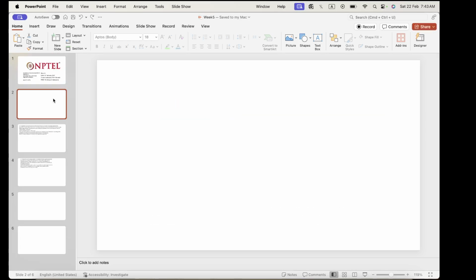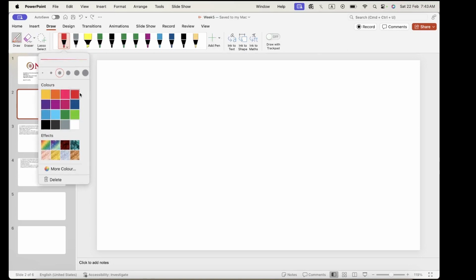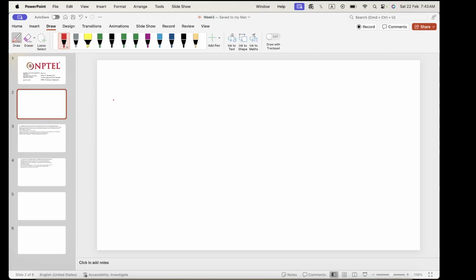During week 4 lectures, we learned how to draw a sample, and that could be SRSWR or SRSWOR.